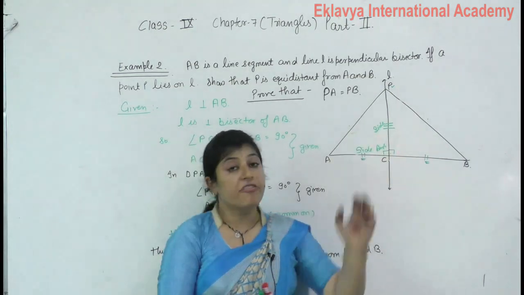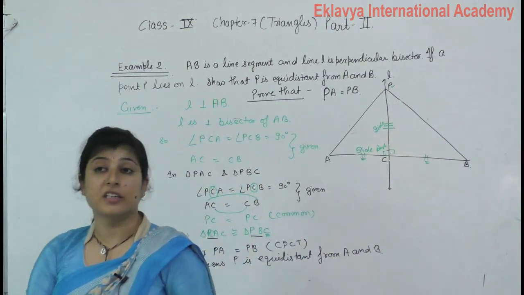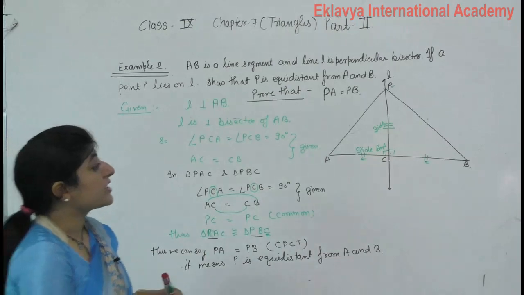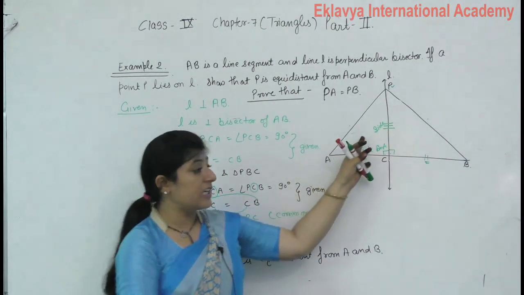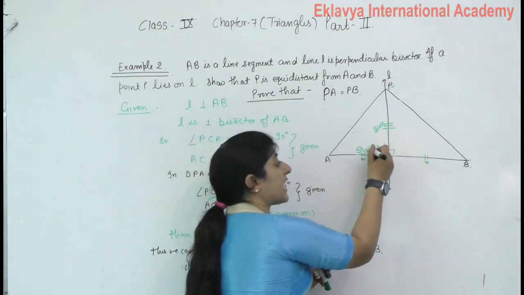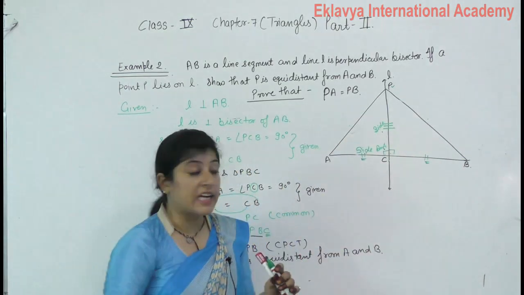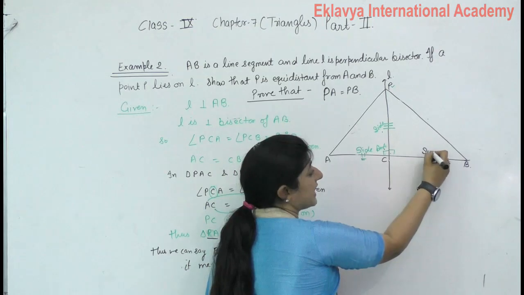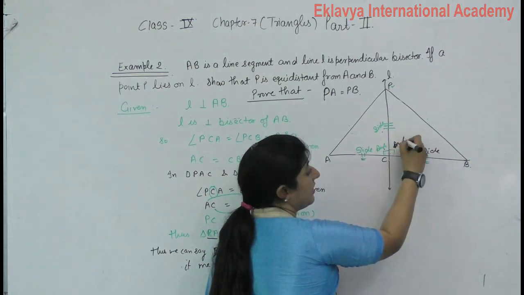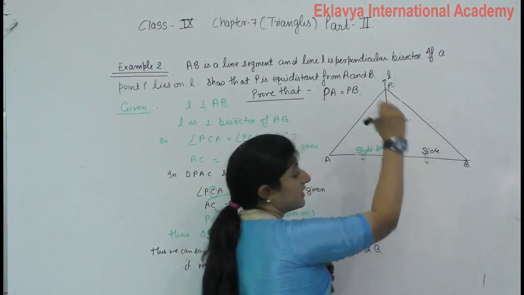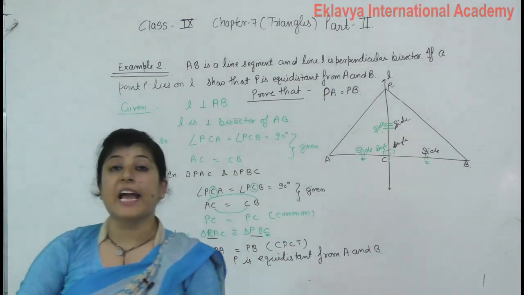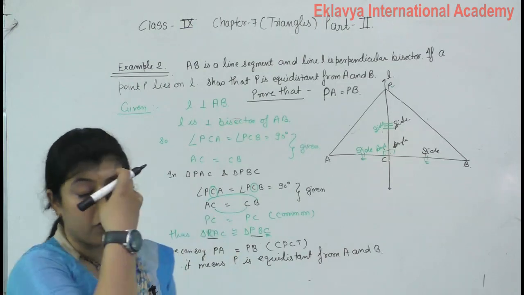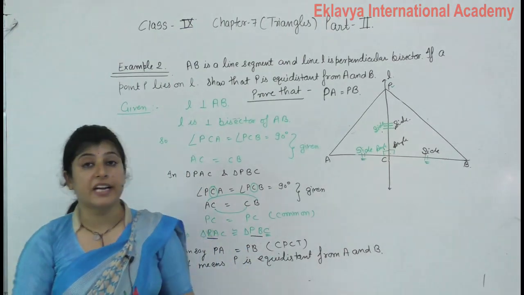In the figure, also make clear which type of congruency rule it follows. Till now we have discussed only one. So see here also whether they are side-angle-side or not. Here this is side, angle, and this one is side, so these two triangles follow the side-angle-side rule for congruency of a triangle.